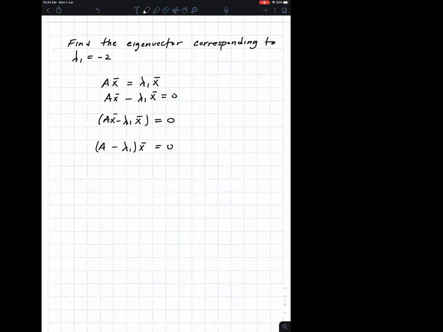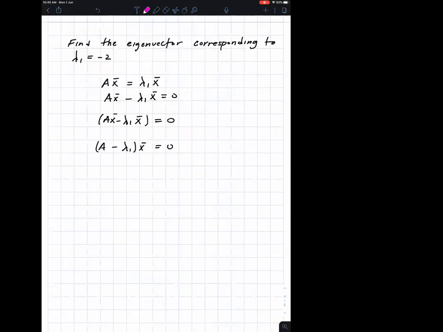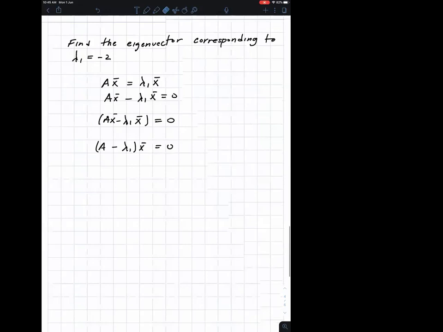Okay, this is how you solve for the eigenvector. Remember, there's a difference. When you find the eigenvalue, you were solving the determinant. But here, it's not the determinant. You are simply solving this equation.